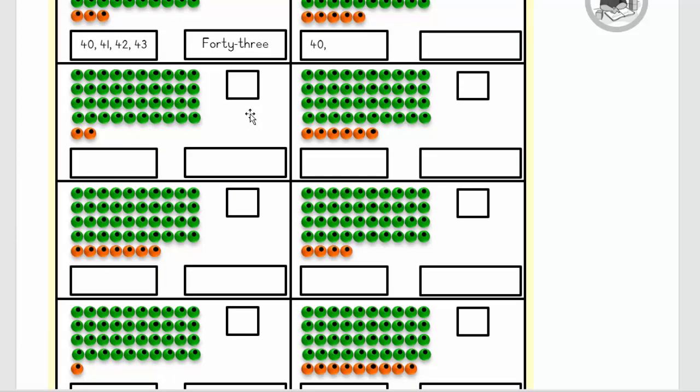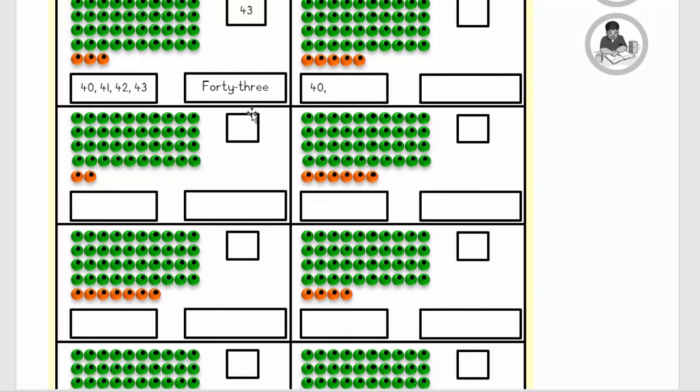The worksheet here differs from the last worksheet in that now they need to determine or count the number of beads. Remember, we're not going to count them individually because we know in one row we have 10. So it's 10, 20, 30, 40, 41, 42, 43. We're going to write the number.